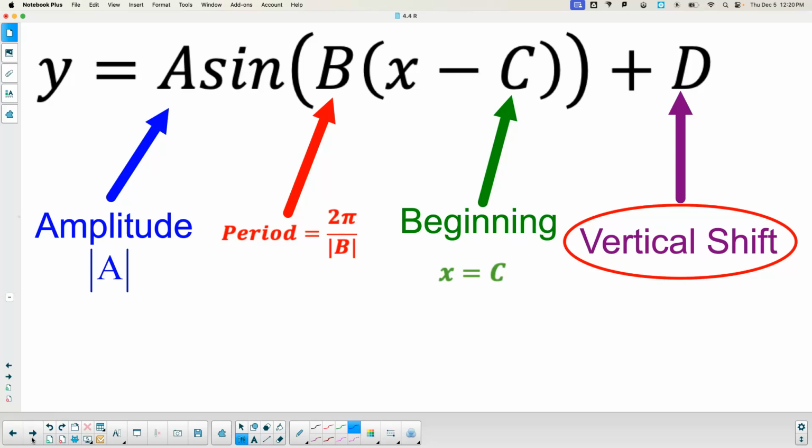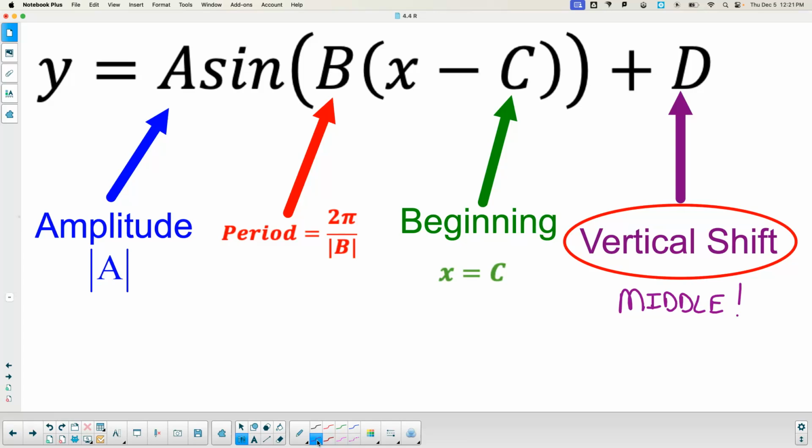We don't have to think opposite with D because it's not inside parentheses. Remember yesterday we said we had to think oppositely with C because it was inside parentheses. With D, it's just straight up, whatever it is, that's where our middle is. So our D value is in fact the new middle.